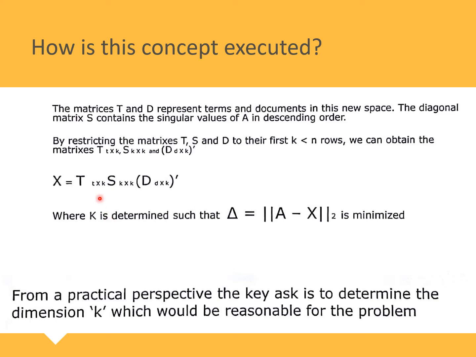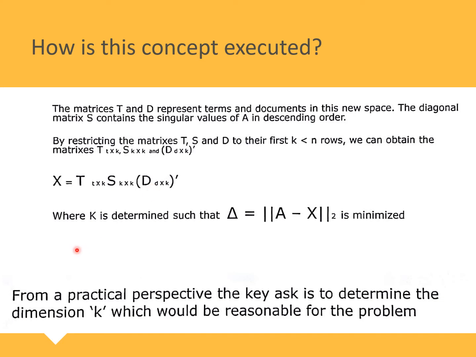Now, instead of looking at all the singular values, if we just look at, let's say, the top k singular values with respect to their magnitude, where k is something we can suitably choose, then just by looking at this expression, we are able to bring down the number of columns of T as well as the number of columns of D. We restrict ourselves to not all singular values, but just k of them, which means looking at only the k rows or the k columns of the matrix S, and that helps us reduce the number of columns of the matrix T as well as the matrix D.